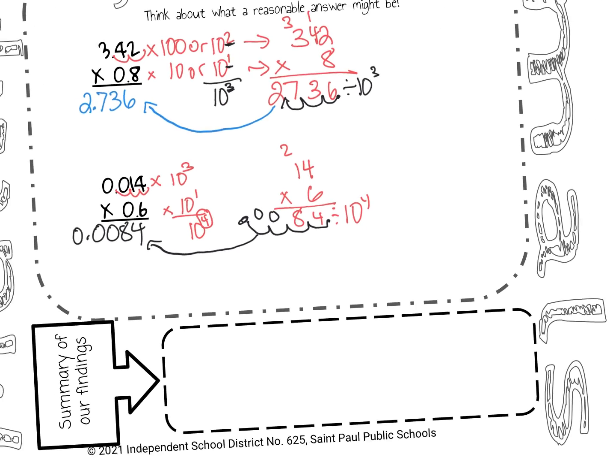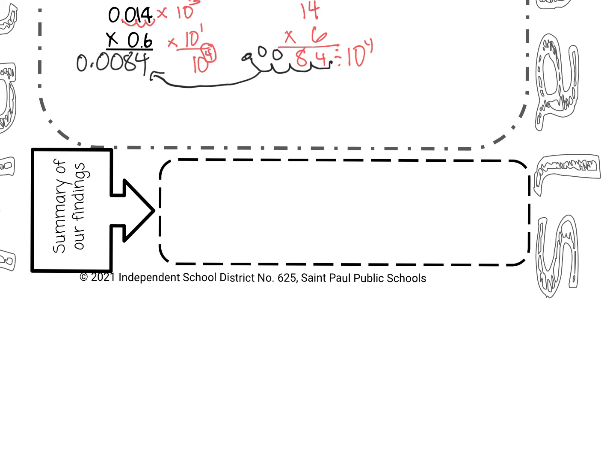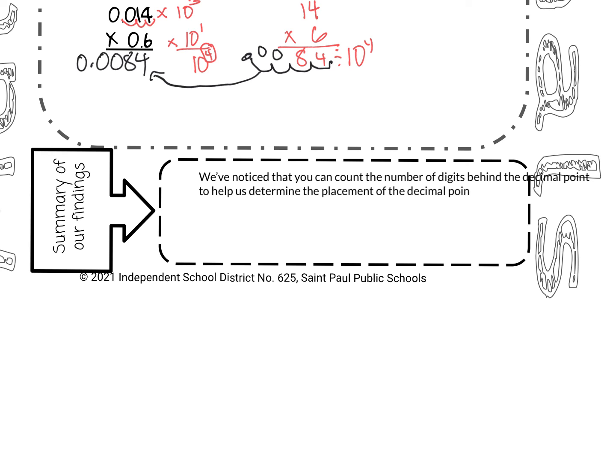So I want you to just reflect on some of the stuff that we have found, and let's just summarize what we've talked about in class. So if you think about what we've looked at, we've noticed that you can count the number of digits behind the decimal point to help us determine the placement of the decimal point in the product.